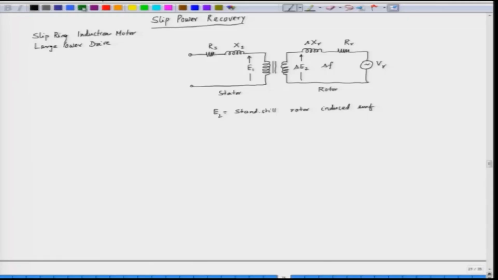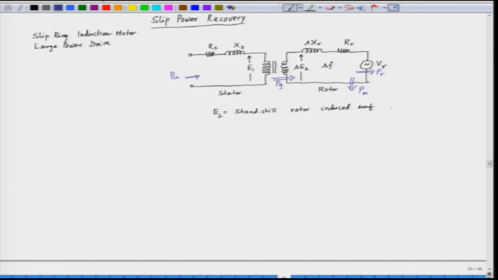So, the power flow will be of this sort. We have the input P in, and the power which is crossing the air gap is called the air gap power Pg, the power which is converted to mechanical power is Pm, and the power which is absorbed by the source VR, that is the slip power, is Pr.